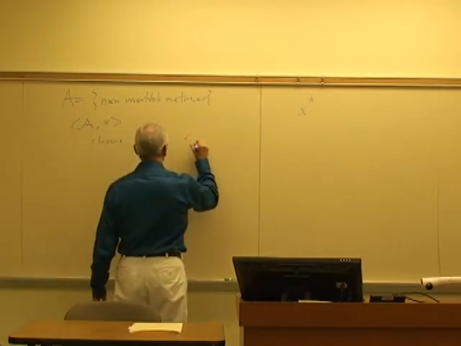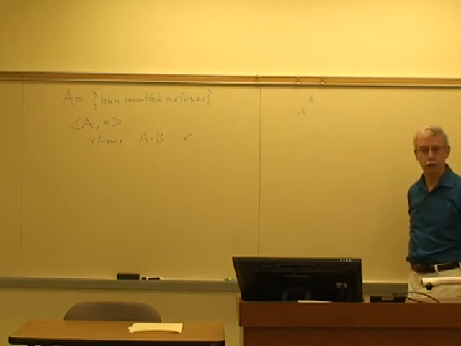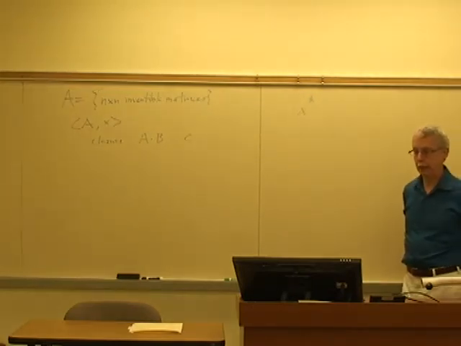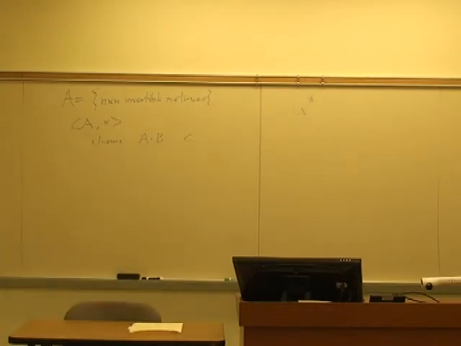If A and B are both invertible matrices, is the product invertible? Now you have to think. A and B are two invertible matrices. Think back to 260. Is the product invertible?